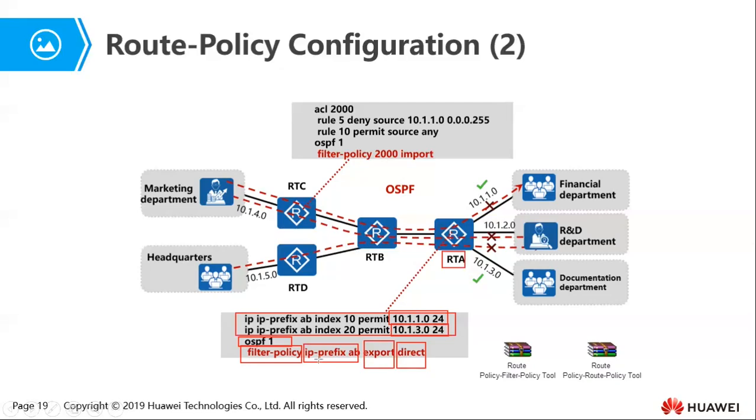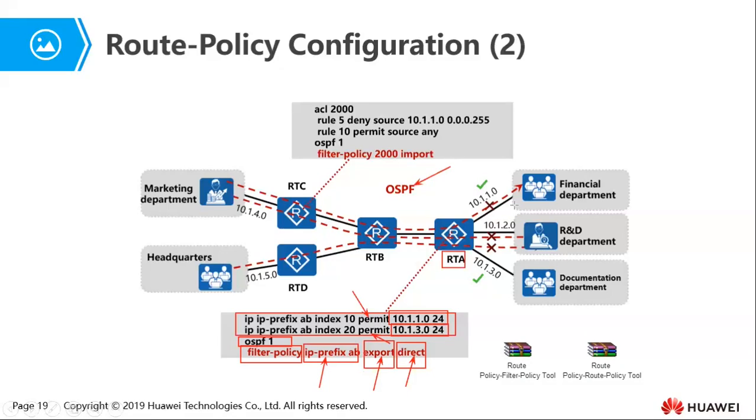What we're simply saying is, if you want to advertise direct routes, then check this IP prefix. Anything that has a permit, you can advertise it. Anything that is not there, simply don't advertise it into OSPF 1.